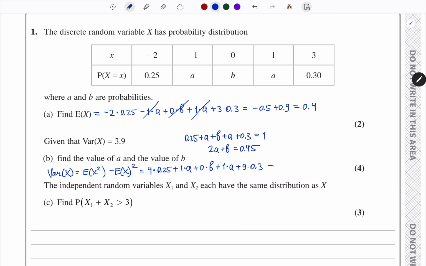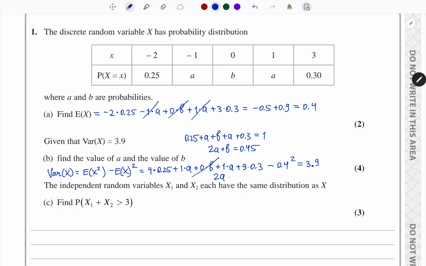But that's only the expected value of x squared. Then I subtract the expected value of x. Here it is. We found it in part a, 0.4. It must be squared. So it's given that the value is 3.9. So I have to combine like terms. Okay, let's see. It's 1 plus a, so b disappears. Oh, okay, a is the only unknown here.